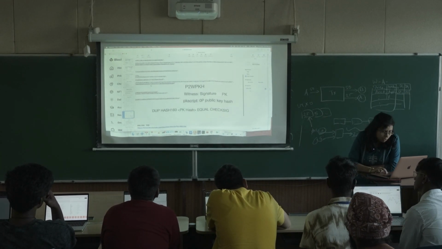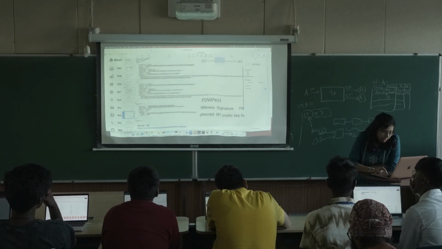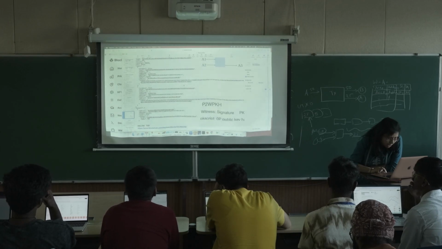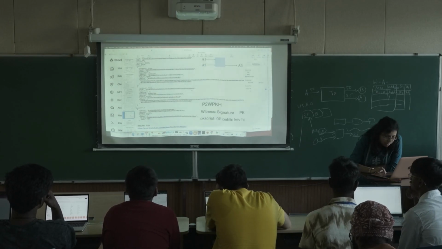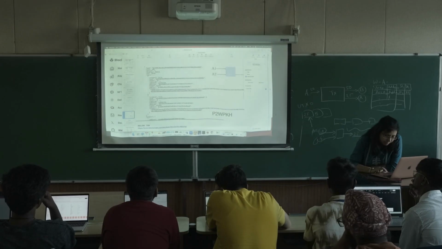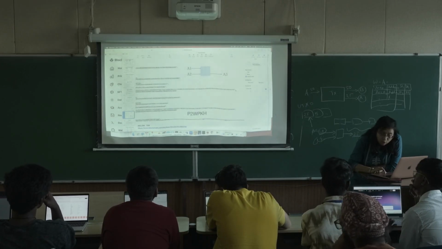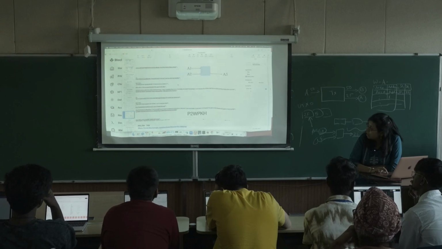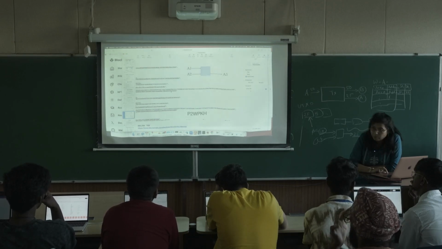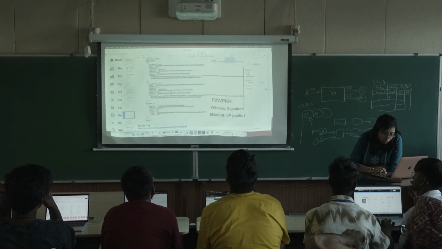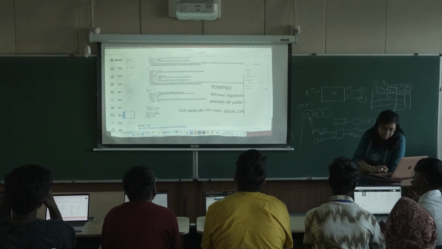If you look into the witness, it consists of two things: a signature and a public key. You will see that there is a comma here. This is the signature and this is the public key, within the witness. So what you do when you run the script is as follows.